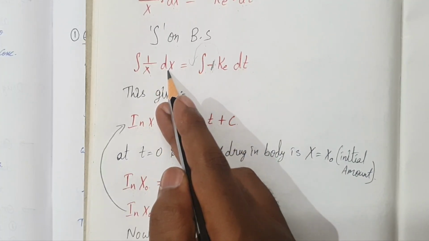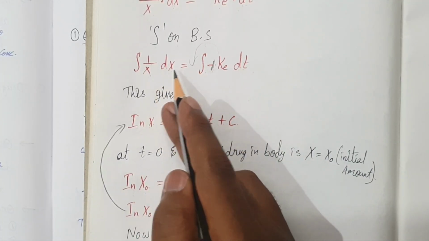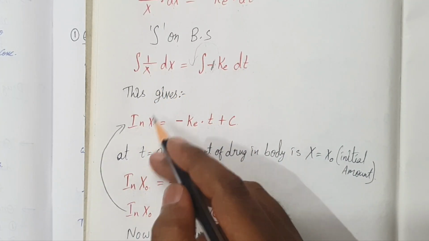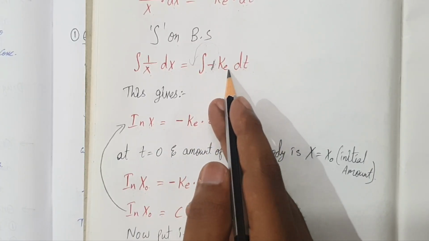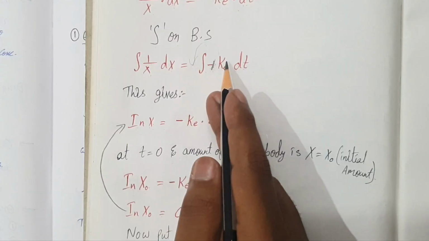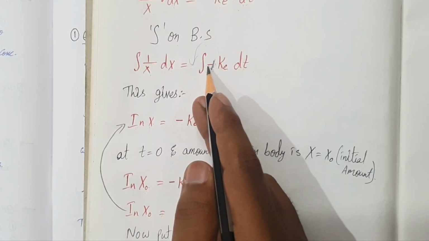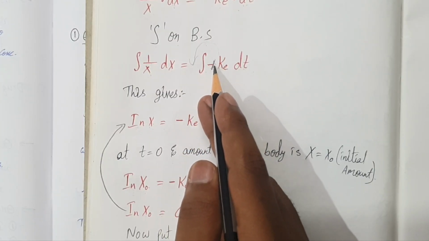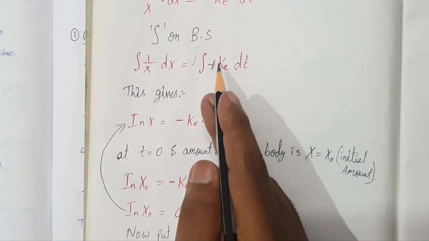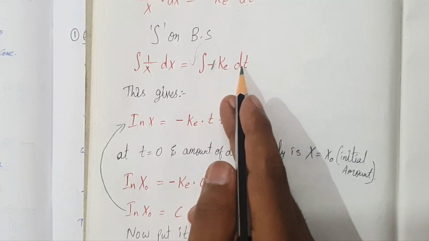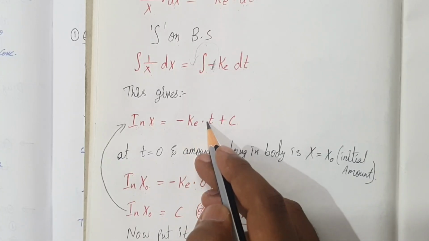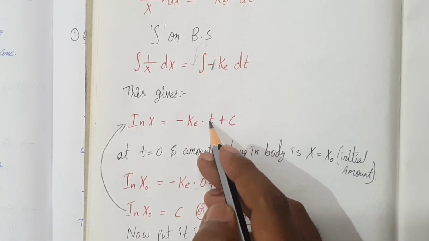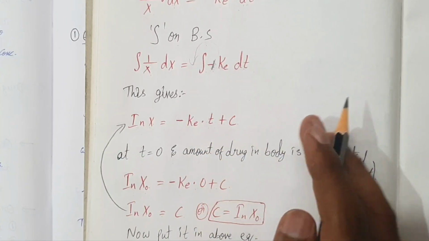See, here is x and here is dx, same variables, so we can do the integration. Here we cannot, so we are assuming it as a constant and placing it here. So here is nothing, so we are assuming 1. So integration of minus 1 dt will be t. Minus Ke into t plus c, where c is the integration constant.